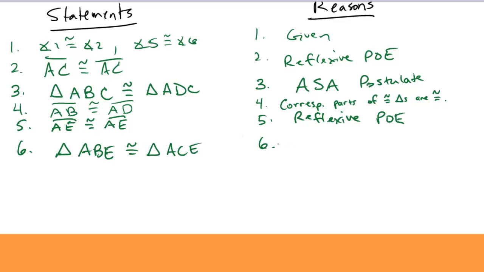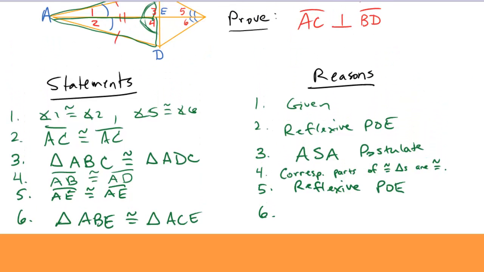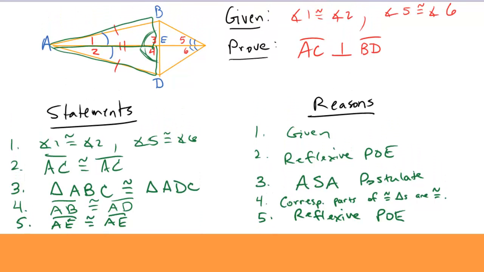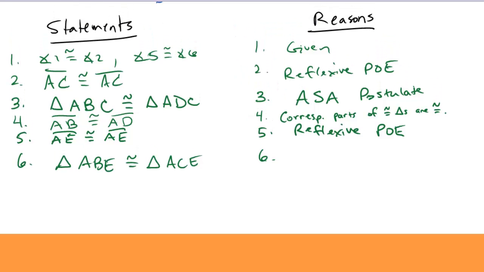Why do I know those are congruent? Well, I stated in my given that angle 1 was congruent to angle 2. And I know AB is congruent to AD. I stated that in statement number 4. In statement number 5, I stated that AE is congruent to itself. So by side, angle, side, I know triangle ABE is congruent to triangle ACE.